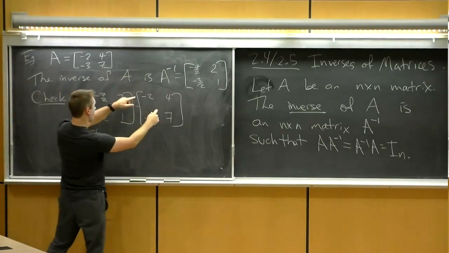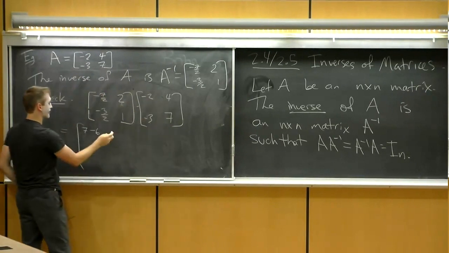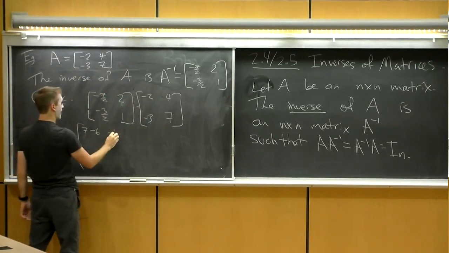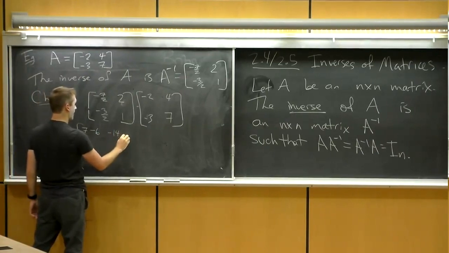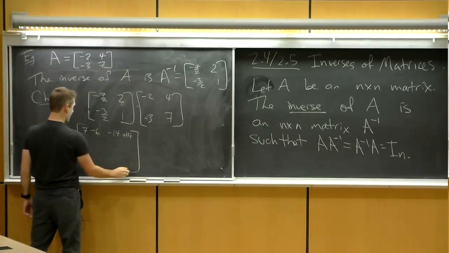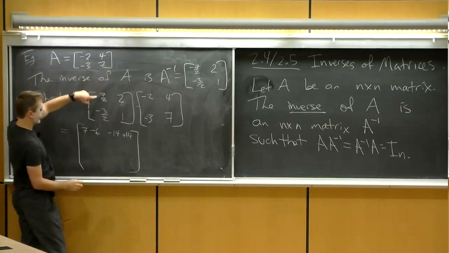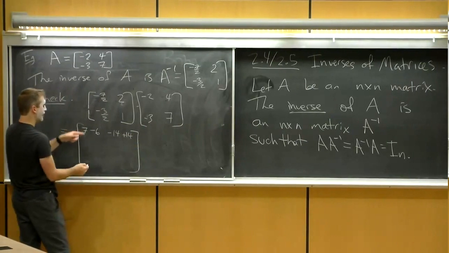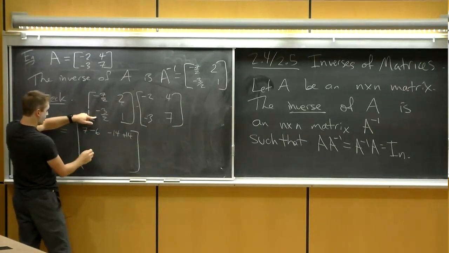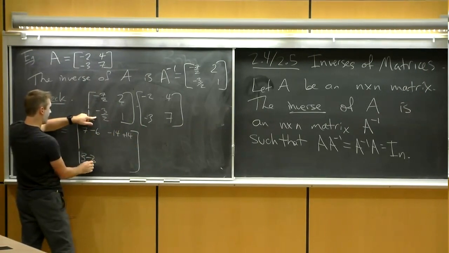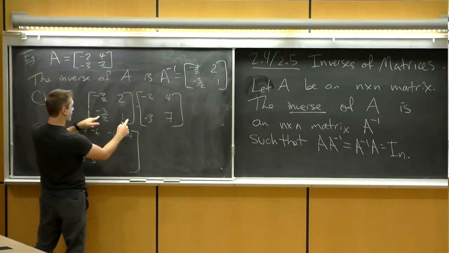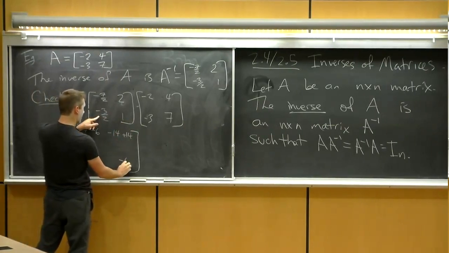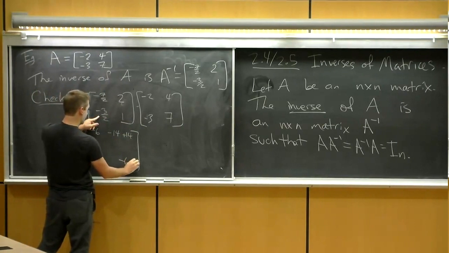First row, second column, I get -14, but then I get +14, right? Because -7/2 times 4 is -14, and 2 times 7 is 14. Okay, so now I get 3 - 3, and I get -6 + 7.